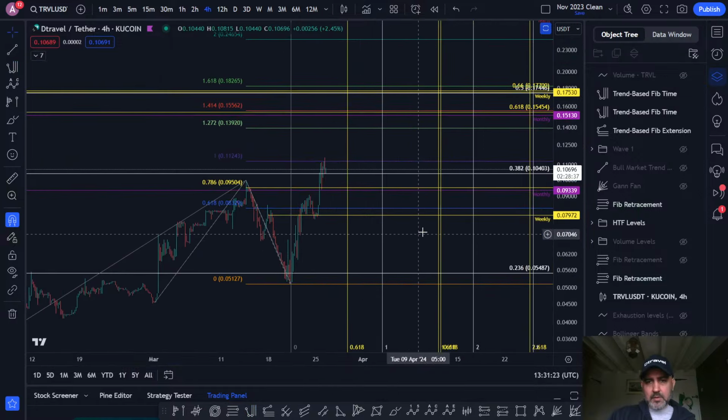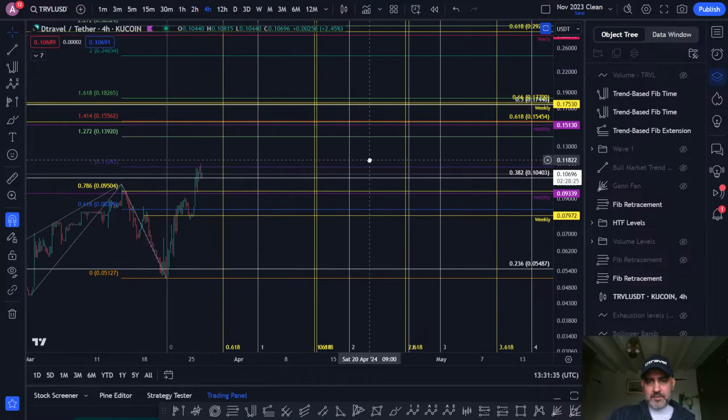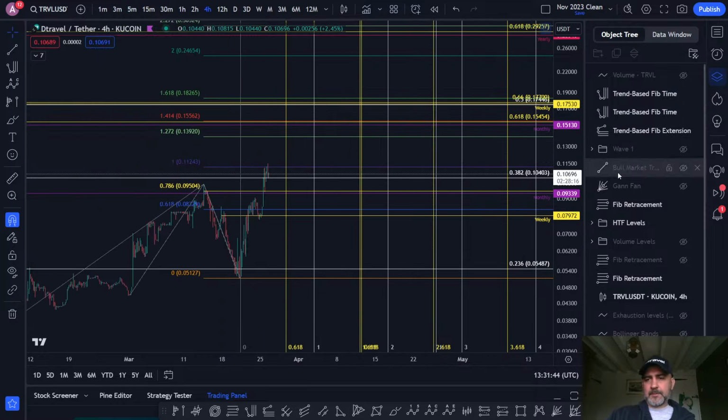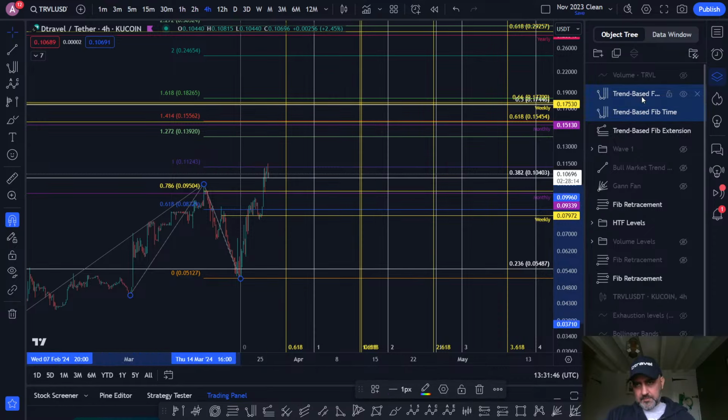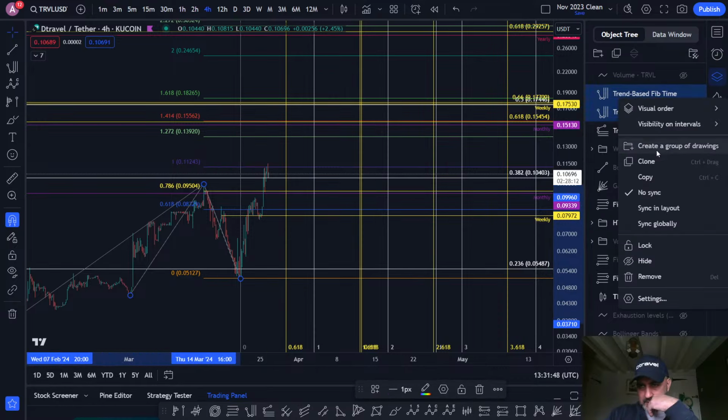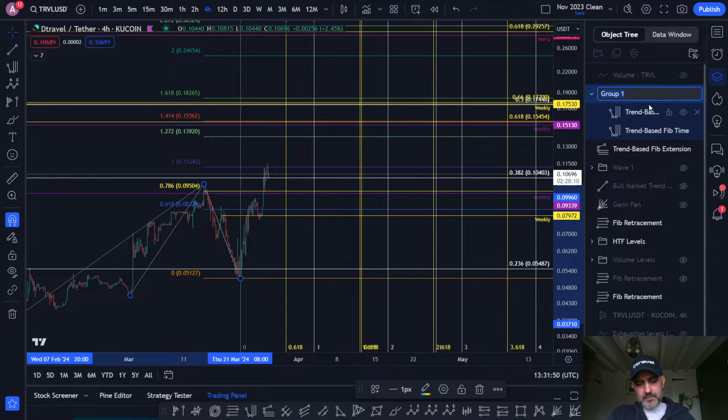Maybe that's when we're going to put another pivot, huh? 12th of April, and then the end of April. 26th of April, that's going to be Bitcoin halving. We just create a group just for those. Time. We'll keep an eye on that.